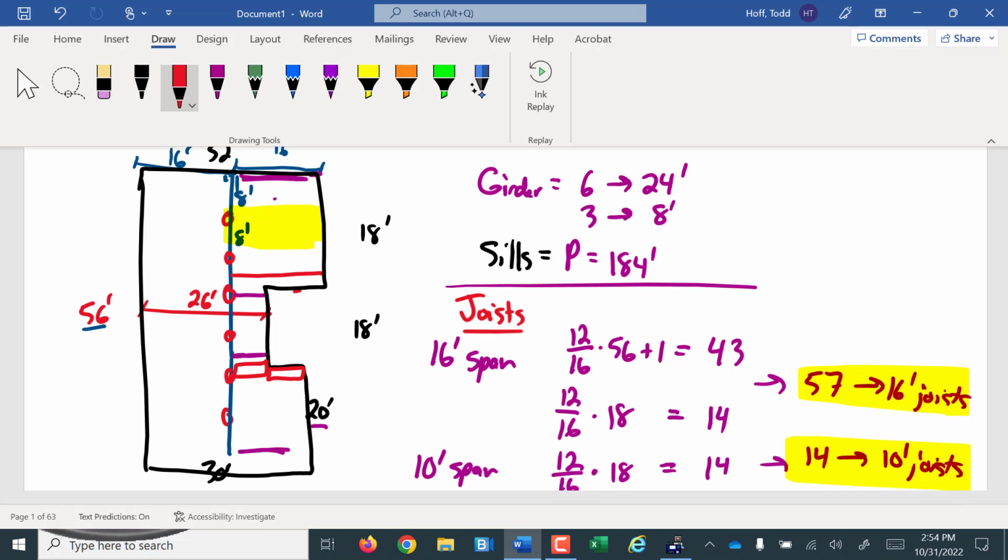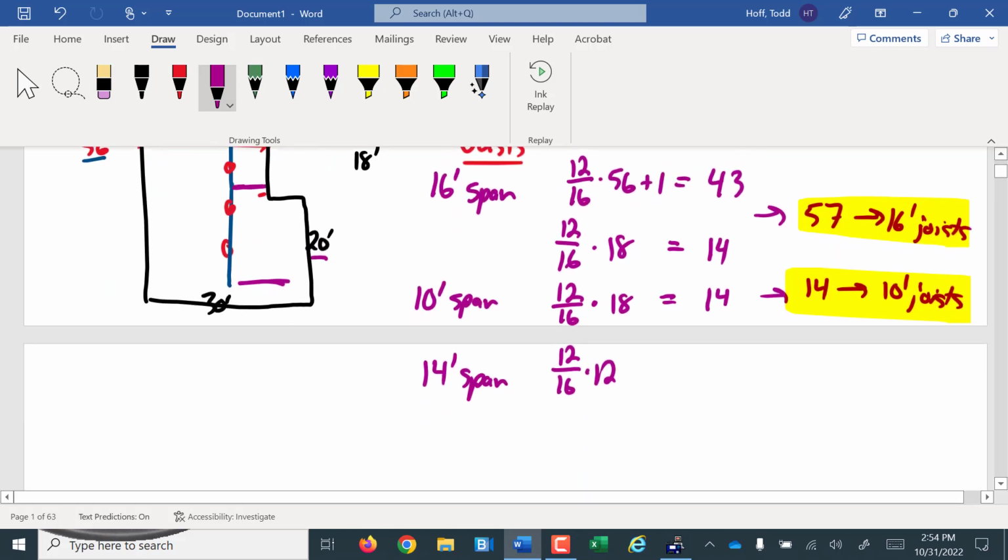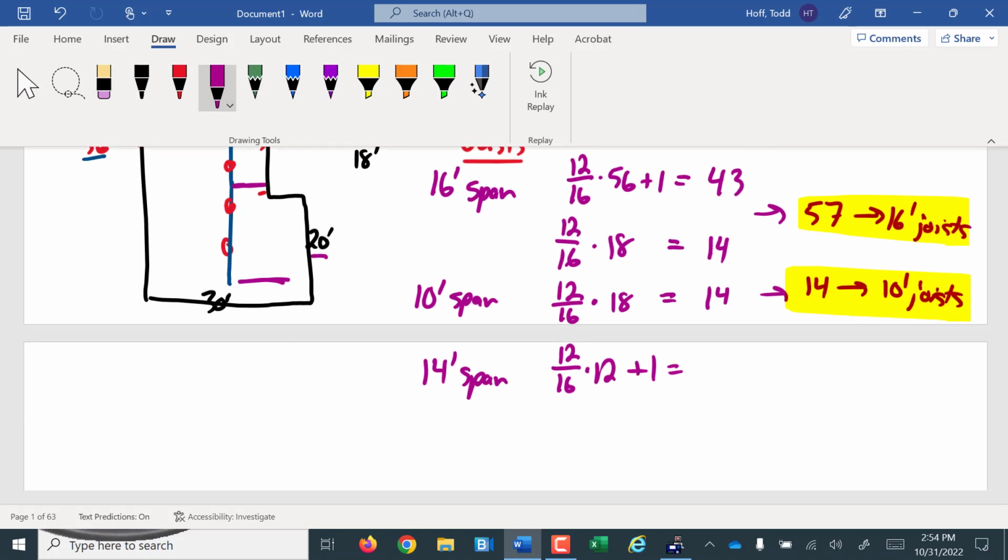So it allows you to put them in there so that they fit in. So anyway, that is going to be a +1. We're going to put 1 on both ends. So 12 over 16, that should have been times 20. All sorts of flustered today. So 12 over 16 times 20 is 15, plus 1 is 16 joists. So we need 16 of the 14-foot joists.